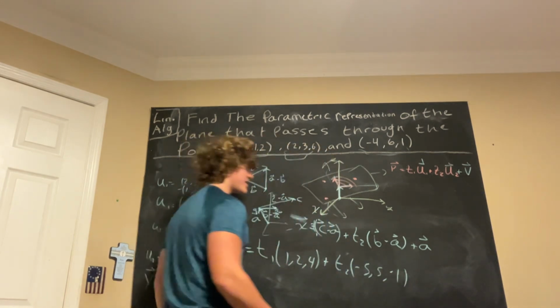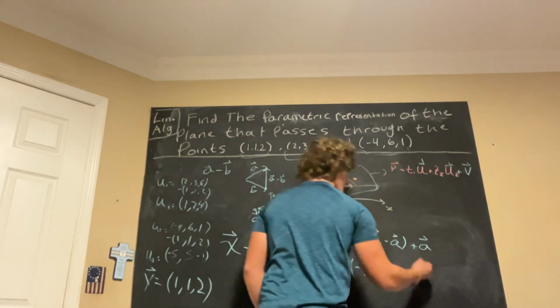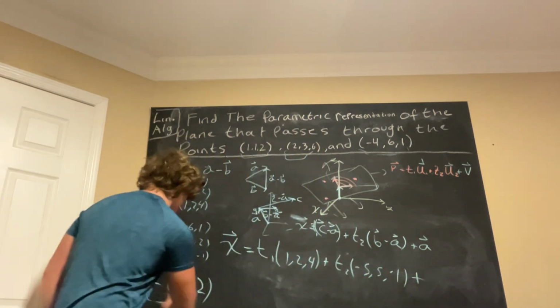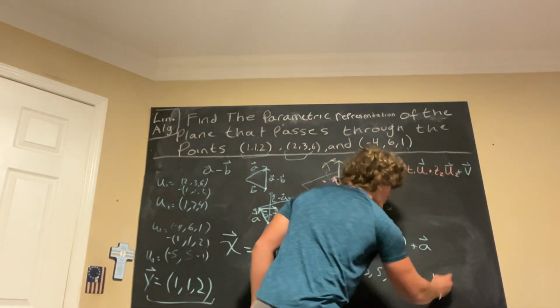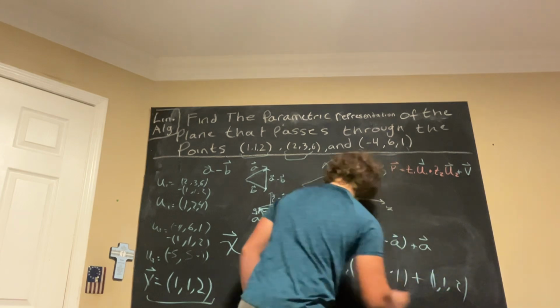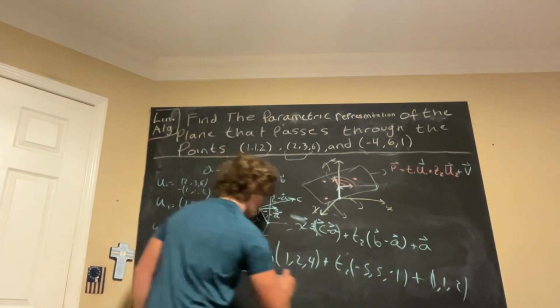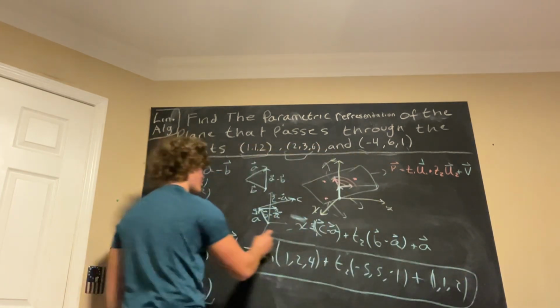And then plus our position vector, which is A, which is just 1, 1, 2. And this is our answer for our plane in parametric form.